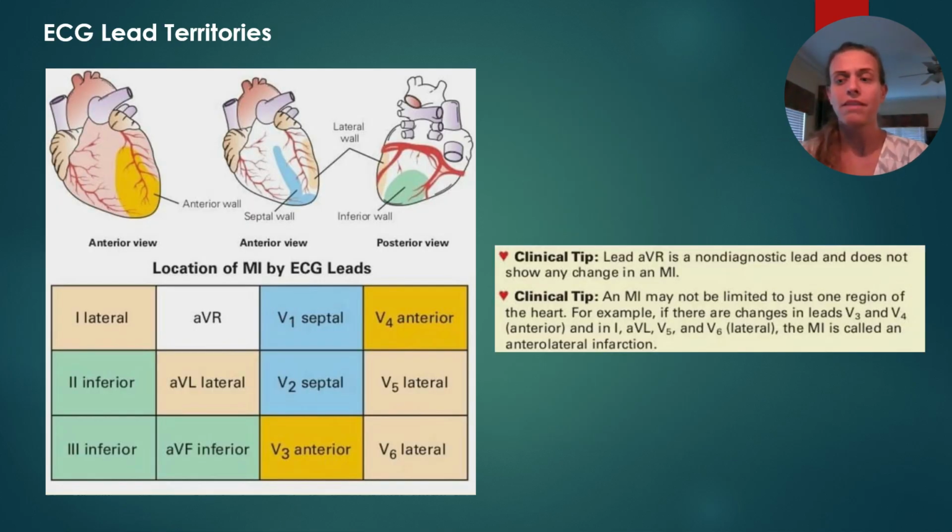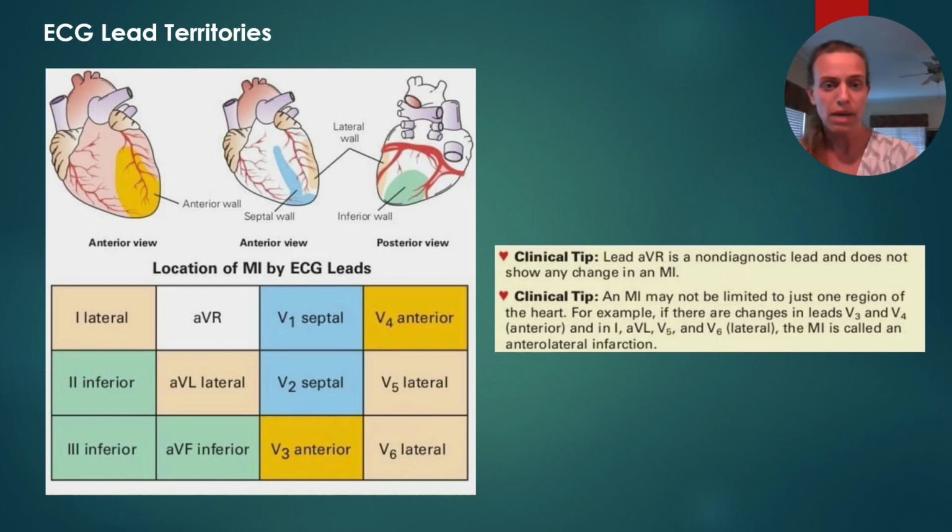So here we're talking about the EKG lead territories. Okay, there's boxes here that align with each of the segments that we see on the EKG, 1, 2, 3, V1 through 6, and it's showing you what wall of the heart, basically showing you the electrical activity of that portion of the heart.